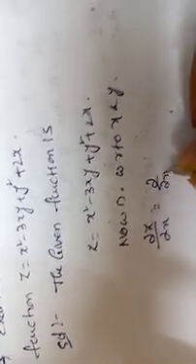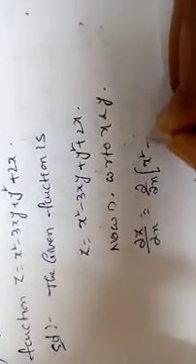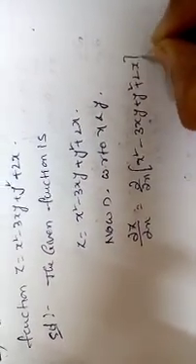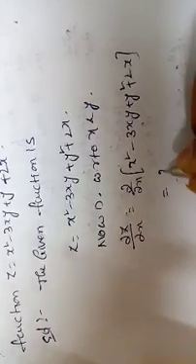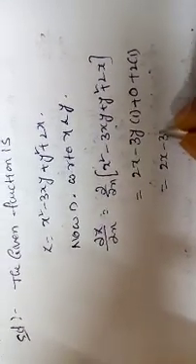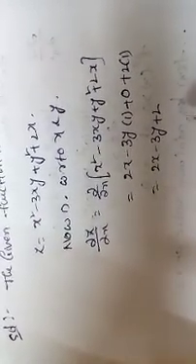Then dou z by dou x equal to dou by dou x of x square minus 3xy plus y square plus 2x, which implies 2x minus 3y into 1, here 0, plus 2 into 1. So 2x minus 3y plus 2. This is the value of dou z by dou x.